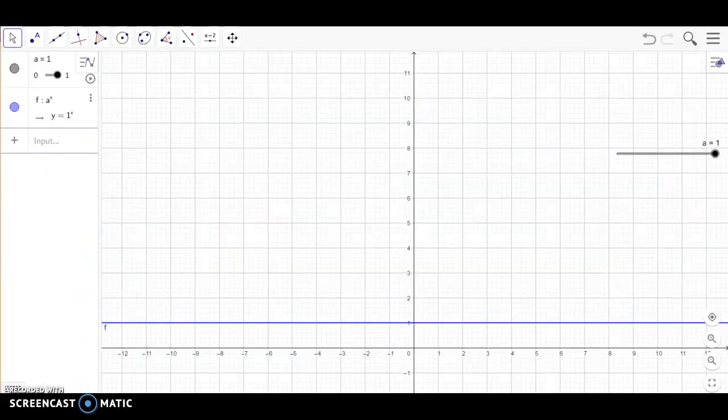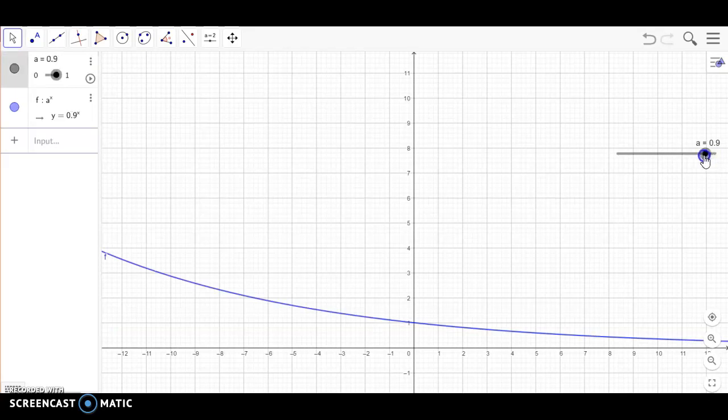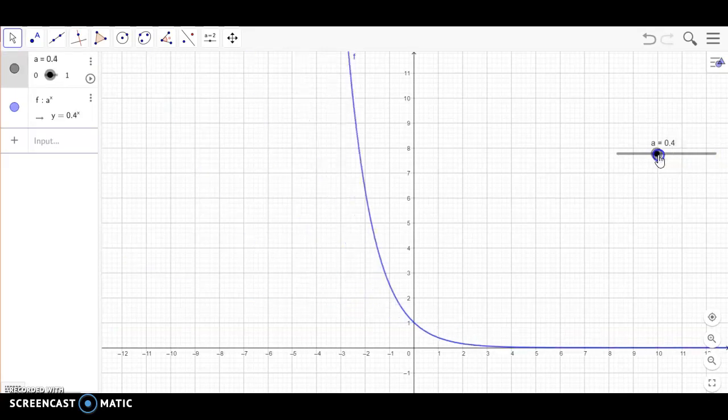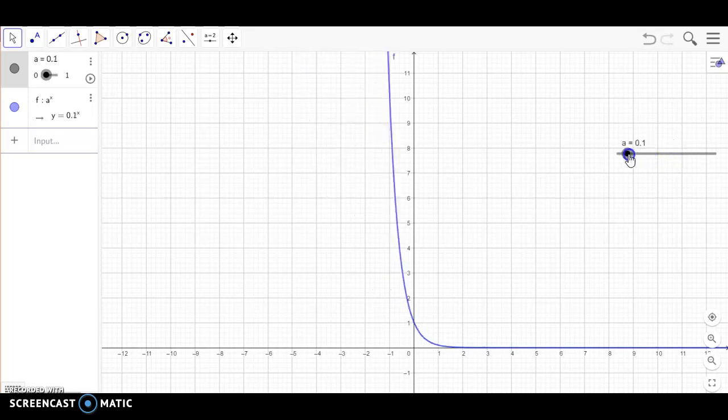Now I'm back in GeoGebra to look at the functions a to the power of x when we are considering values of a that go between 0 and 1. So I changed the settings of my slider to go between 0 and 1. Here I'm at 1. We know at 1 we are just on the horizontal line y equals 1. But then as I move it, we see how in the second quadrant the function is getting more and more steep.